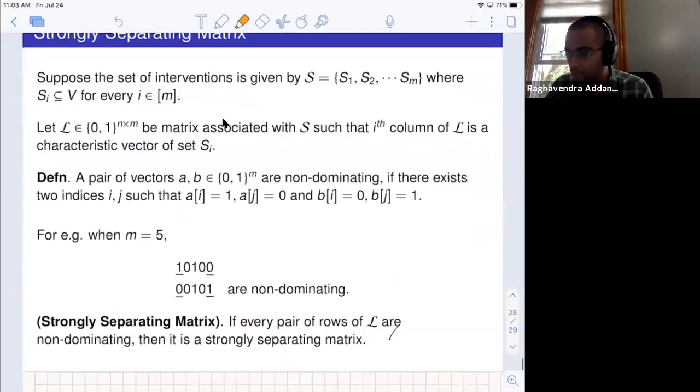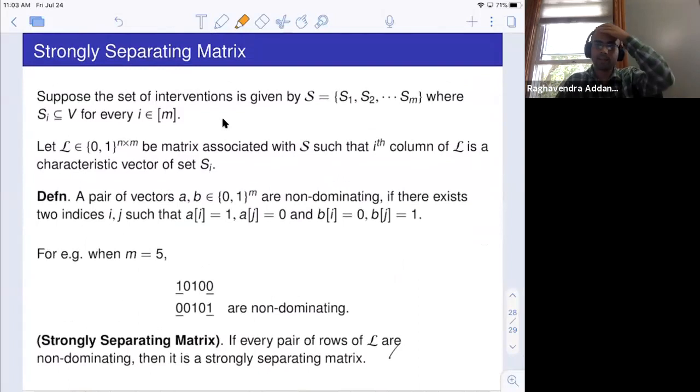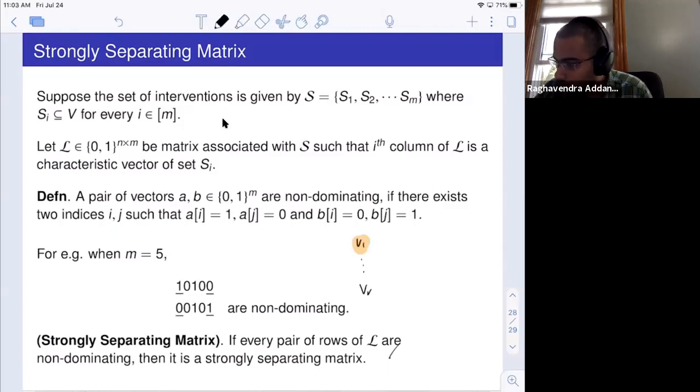Okay. So for that, as I stated earlier, we look at these interventions in a matrix form. For each of these variables, suppose there are m interventions, this corresponds to a characteristic vector of this set.